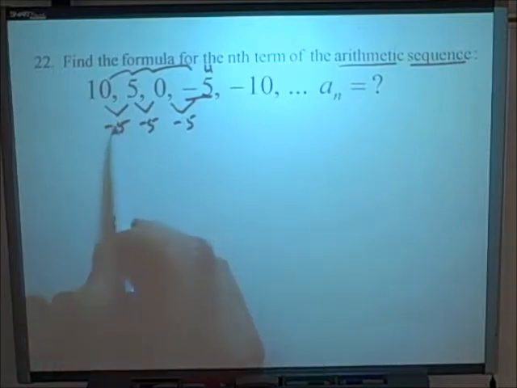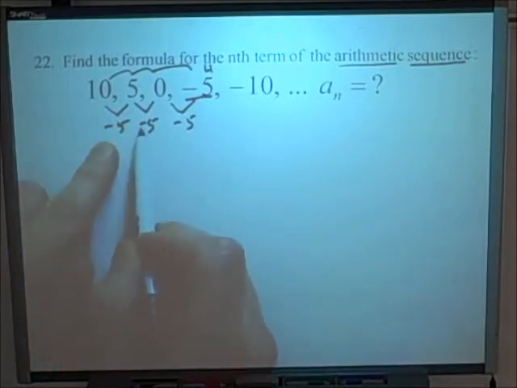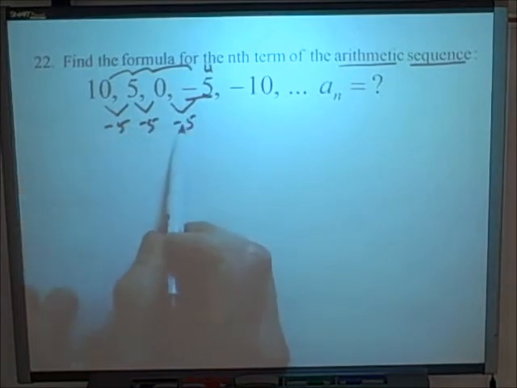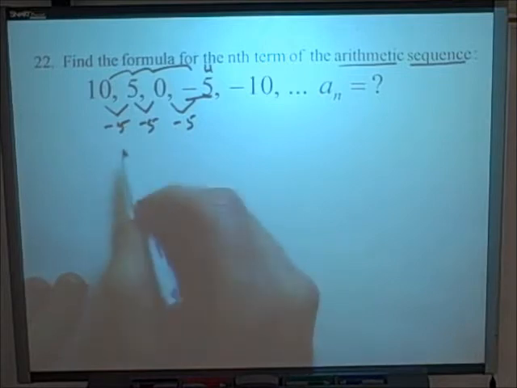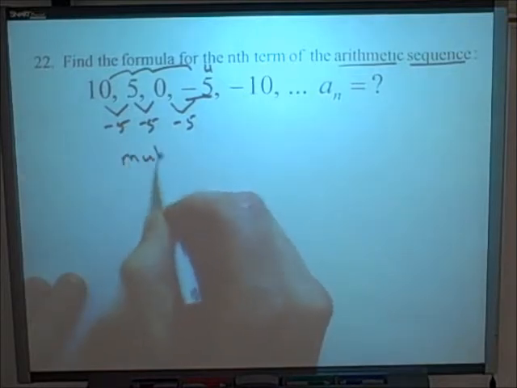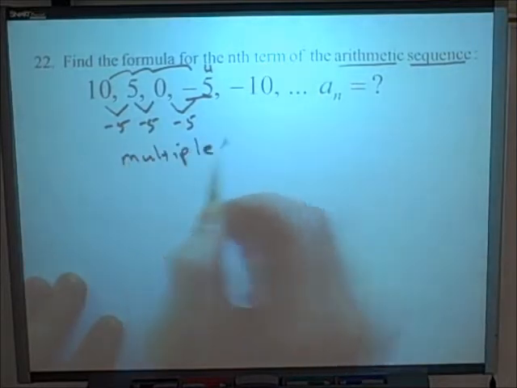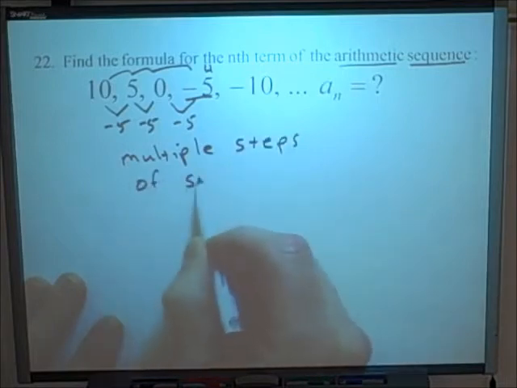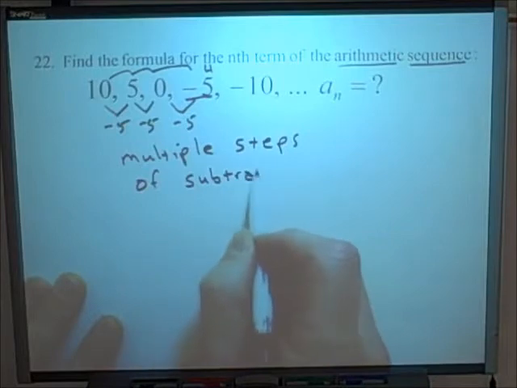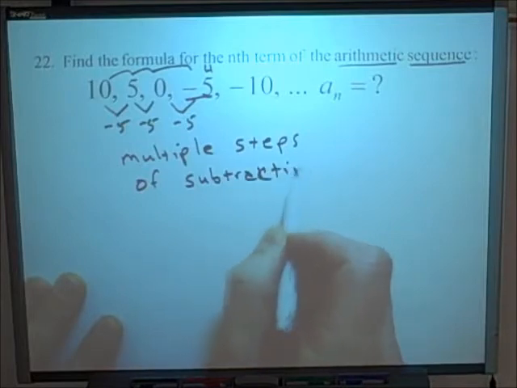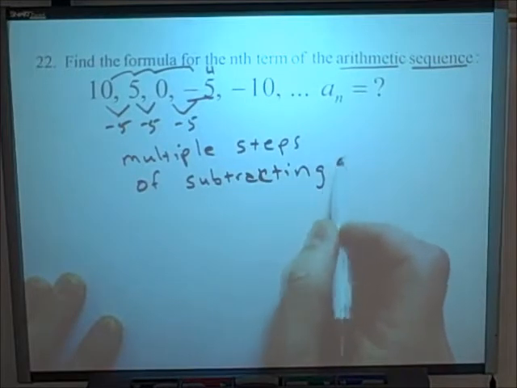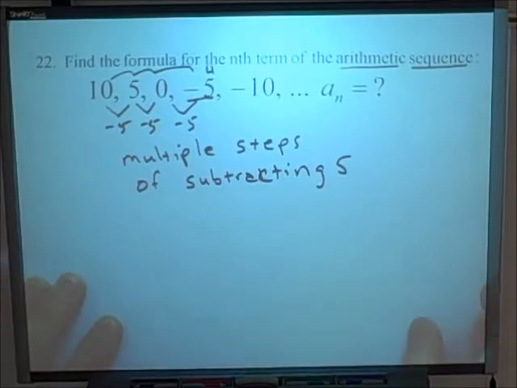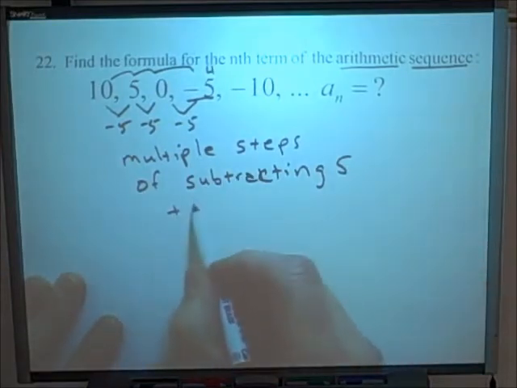So if each step requires me to subtract 5, I subtract 5, I subtract 5, I subtract 5. Another way of thinking of that is that I'm taking multiple steps of subtracting 5, or multiple steps of adding negative 5.